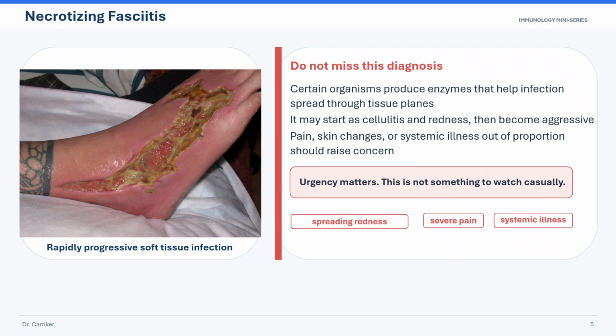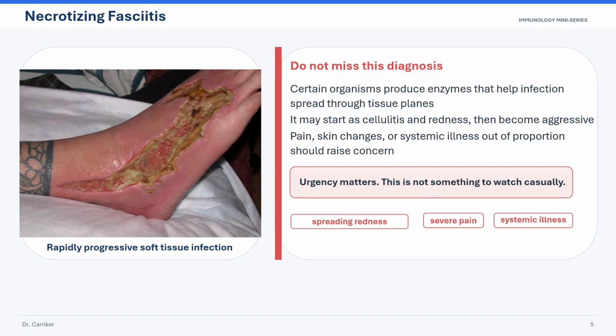So this often starts looking like cellulitis or redness, but then it progresses and becomes much more aggressive. If the pain, skin changes, or systemic illness seem out of proportion, then that should definitely put up some flags and raise some concern. The exact cause could vary, but the teaching point is urgency. So this is not something to just watch casually.